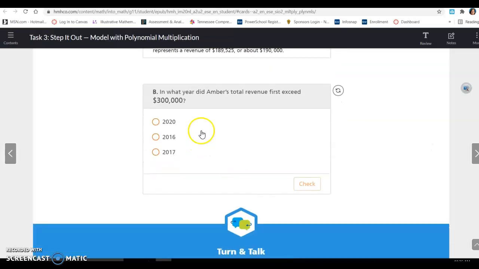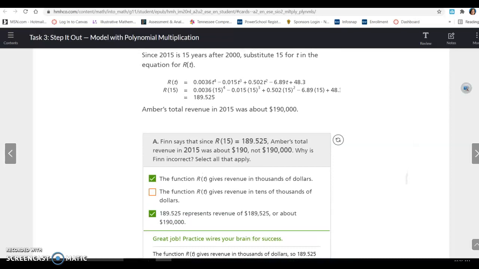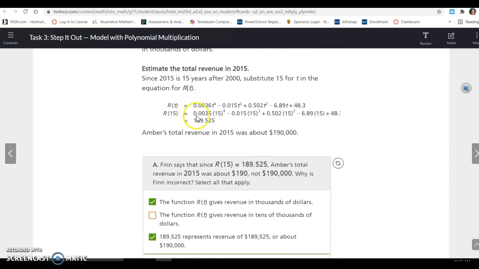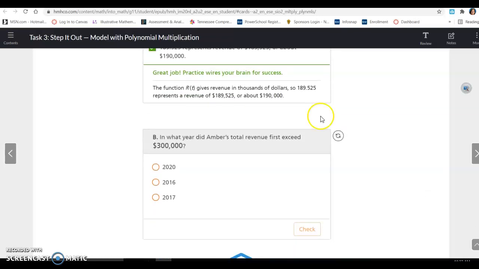All right, it says, in what year did Amber's total revenue first exceed $300,000? All right, so we know that years are since the year 2000. So for this one, you're going to take 20 and substitute it into the revenue equation. So right here, instead of 15, we're going to put 20 and then see what that revenue is.